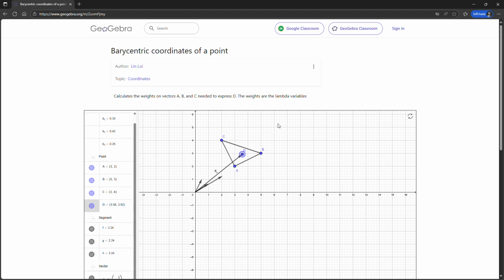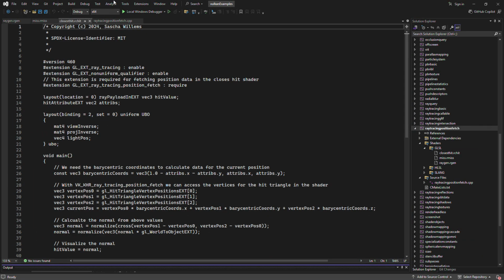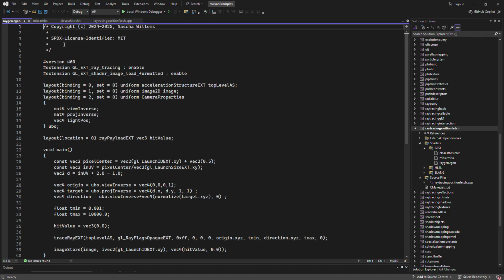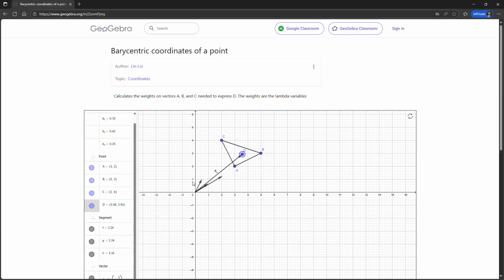So let me step back for a second. Rays are generated, as we know, we have our ray gen shader. Rays are generated into our scene, and we eventually hit a triangle. So we generate rays into a scene, and we hit a triangle somewhere in the plane of the triangle.